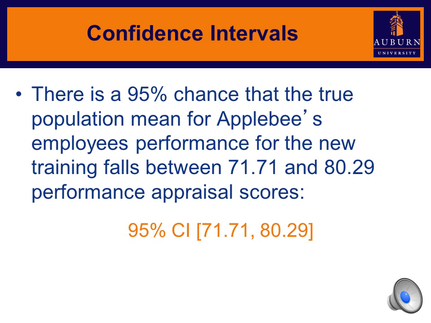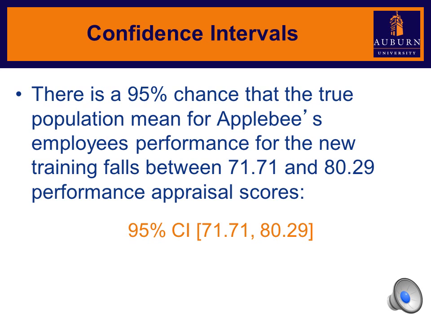So if we were going to write it in APA format, we'll see that in orange at the bottom of the slide. We'll say 95% CI, we'll give a bracket, we'll say 71.71, comma, 80.29, and we'll close the bracket. So essentially what that's saying is that there's a 95% chance that the true population mean for Applebee's employees' performance for this new training will fall somewhere between those two performance appraisal scores.